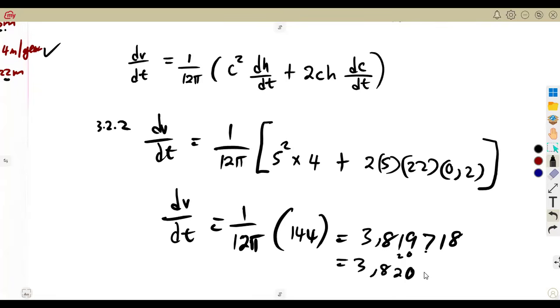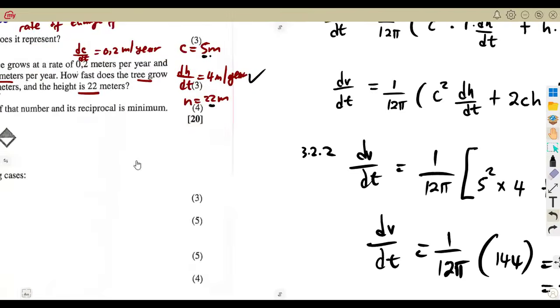This is volume per year, so it's cubic meters per year, in terms of the growth that is taking place. So it was just a matter of substituting into this derivative that you already made. You substitute your values that way. So that is it, guys.